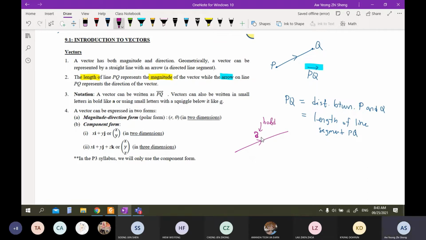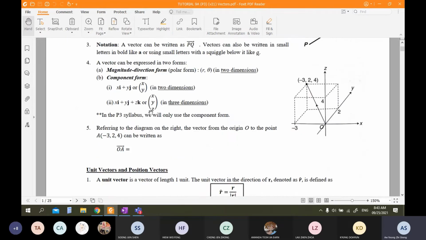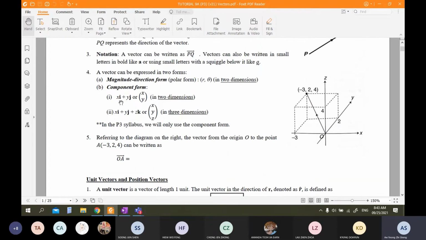And so whenever you see a bold small letter, it means vectors in printed form. Some examples here, like this i and j printed in bold, these are all vectors. i, j, k are all vectors. Small letters printed in bold are all vectors. It is for a printed form, right?